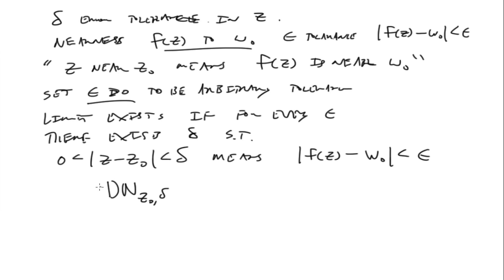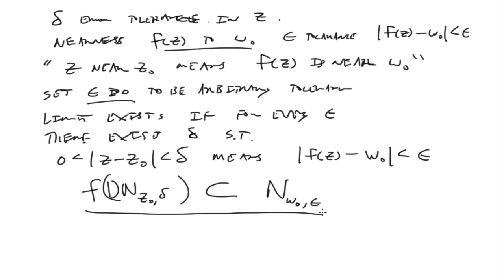So another way of writing this is f of that deleted neighborhood is inside the neighborhood of w naught, epsilon. So that would be another way of writing it, right?